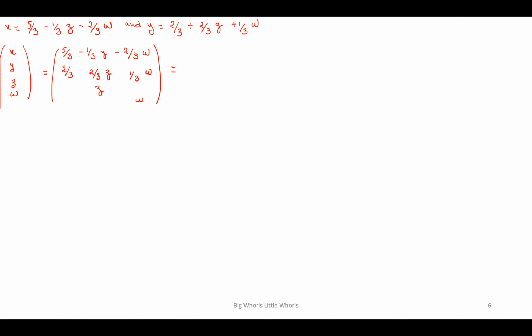So you can rewrite this big vector as the sum of 3 vectors.